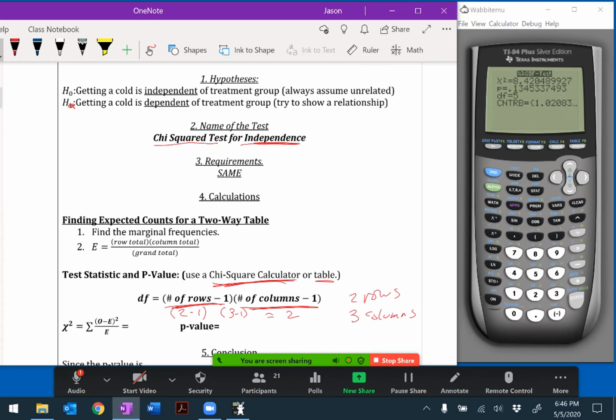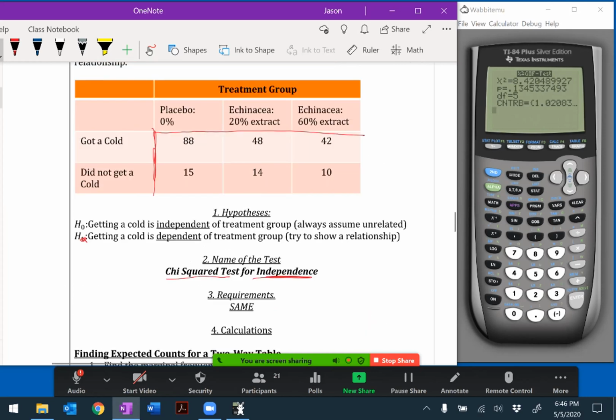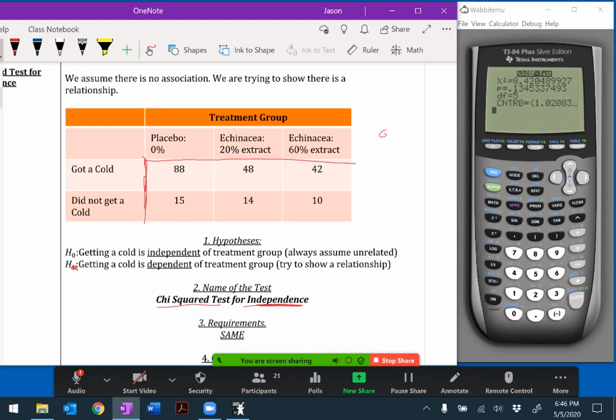Okay, so how do we calculate the expected amounts? These are all the observed amounts. So how do I calculate the expected amounts? Well, it's a little tricky. It's based on my observed amounts, but it's really based on my total amounts.